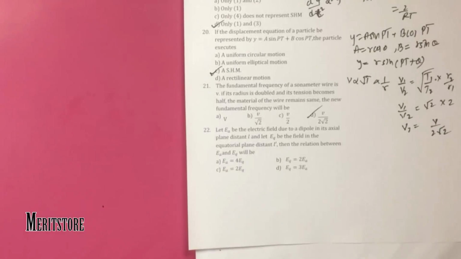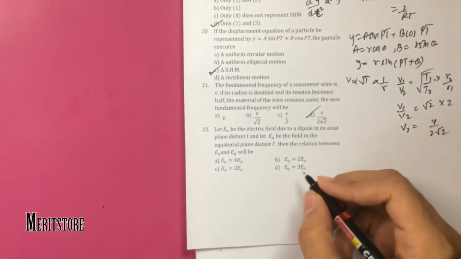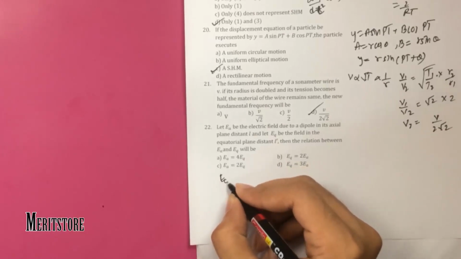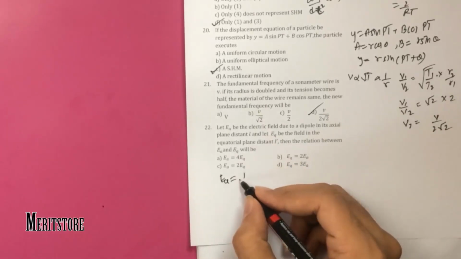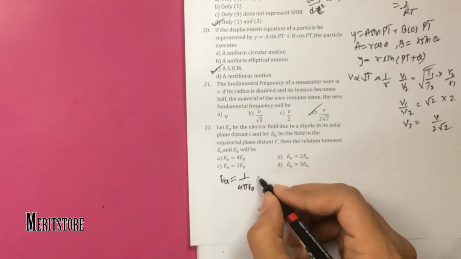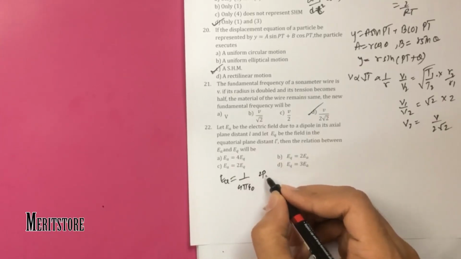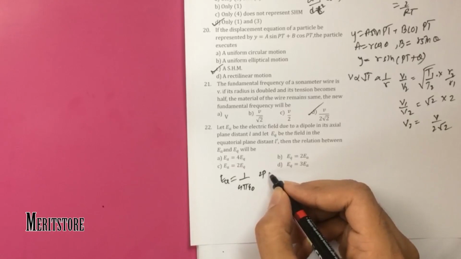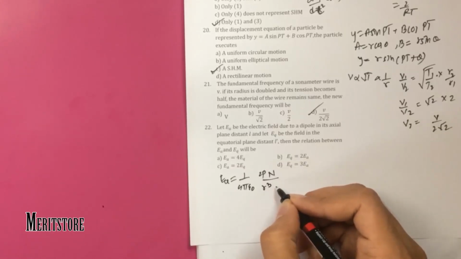Question 22. Let EA be the electric field due to a dipole in its axial plane, and let EQ be the electric field in the equatorial plane. Then the relationship between EA and EQ will be. Now for a dipole in the axial plane, EA is given by 1 upon 4 pi epsilon 0 times 2P, that is the dipole moment, by R cube.